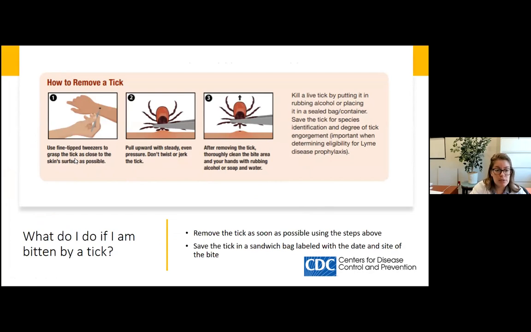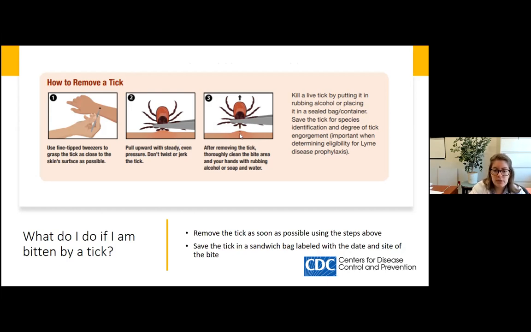The first step is to use tweezers to grasp the tick, usually at the head of the tick, as soon as possible. You would pull upward with even pressure and don't twist or jerk, because this can cause the pinchers to be left in the skin. So it's important that you get the entirety of the tick when you grab it with the tweezers.